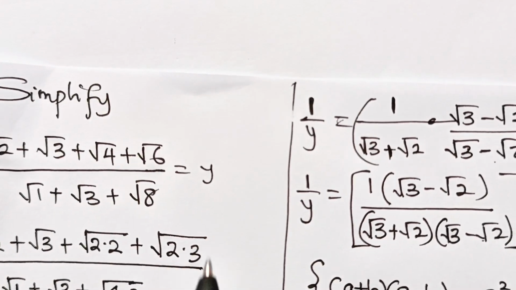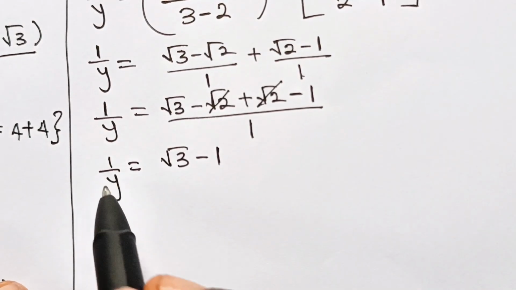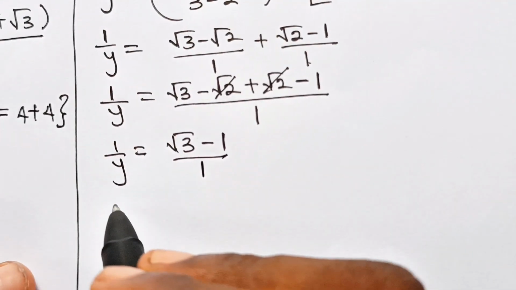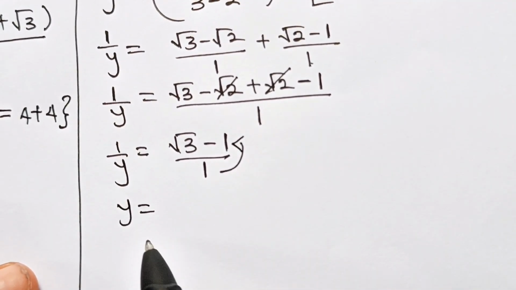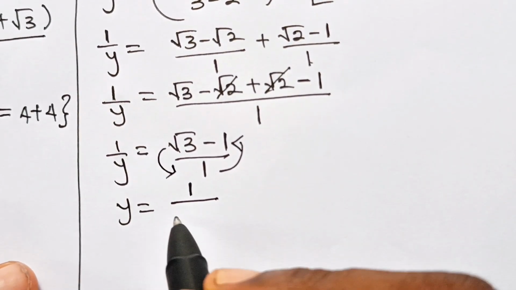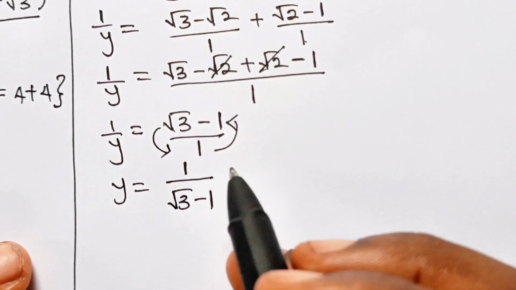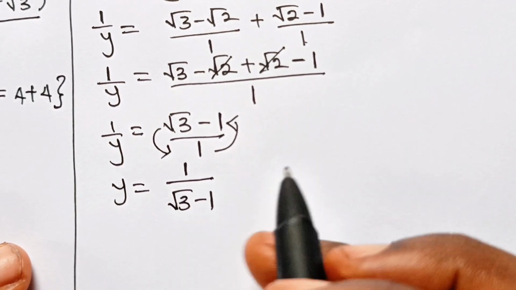But we are looking for the value of y and not 1 over y, right? So if 1 over y is root 3 minus 1 over 1, then y should be equal to the inverse of this, which will be 1 over, this will come down, root 3 minus 1. Now in maths, we don't leave our answer in surd form, so we need to rationalize, okay?